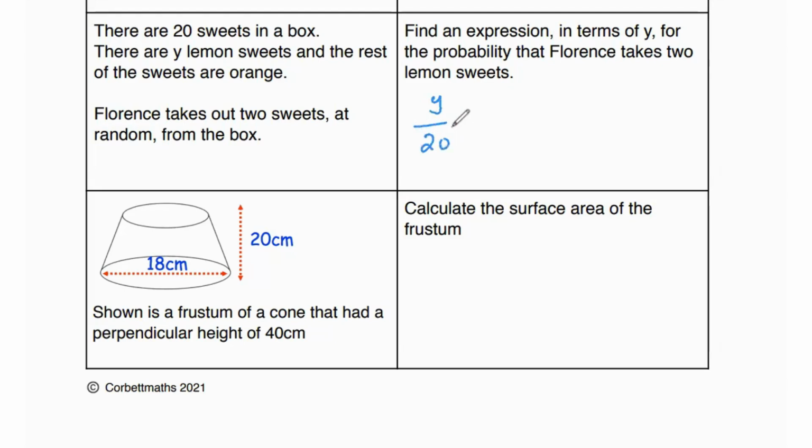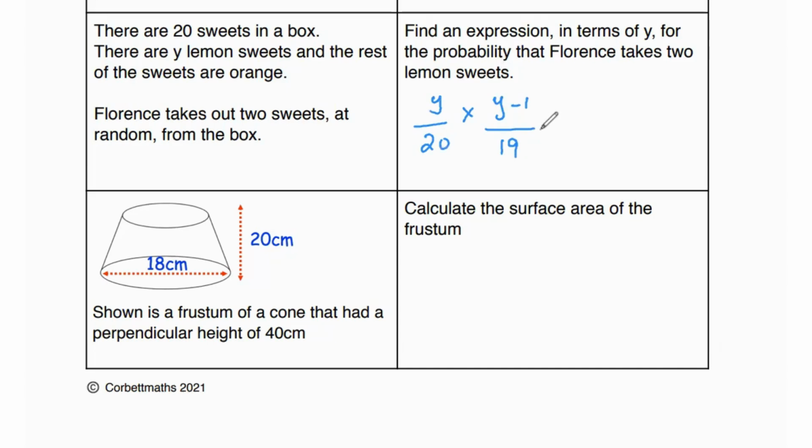probability of Florence taking 1 lemon sweet, times, for the second lemon sweet, it's going to be (y minus 1) over 19. The reason why it's (y minus 1) over 19 is because she is taking 2 sweets. So when she's taken the first sweet, there's 1 less lemon sweet in the box.